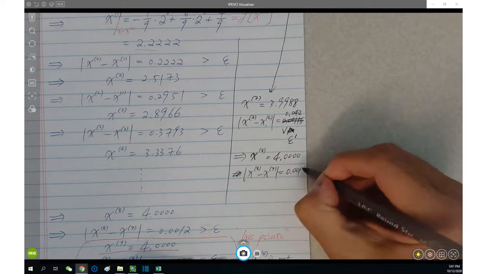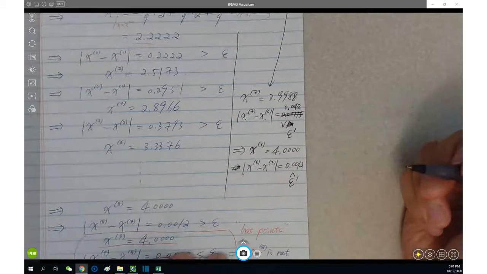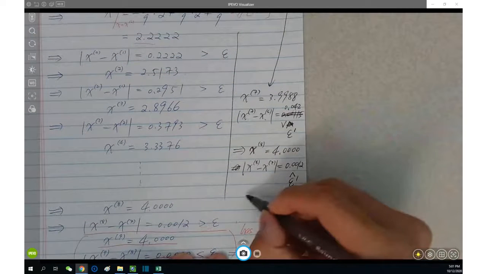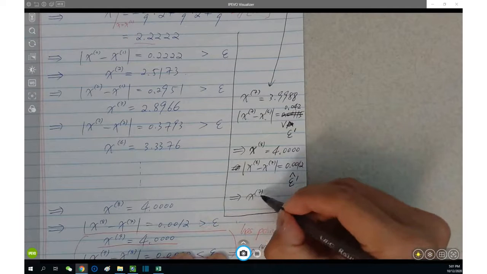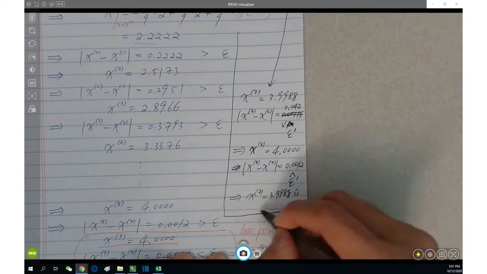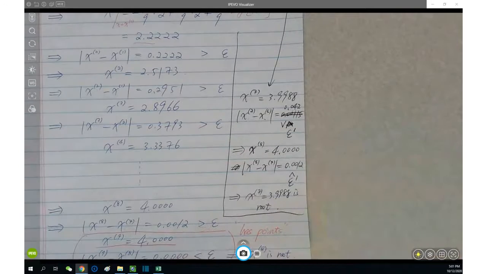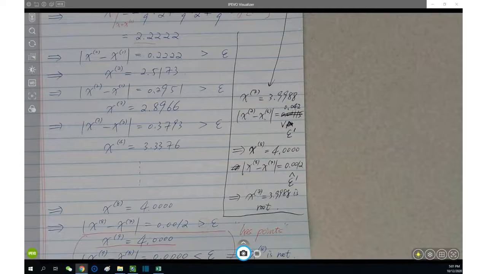From here, you see what? Less than epsilon prime. And what is the conclusion here? x7, which is equal to 3.9988, is the root. Does it make sense? Everybody? This you can consider as the second example.